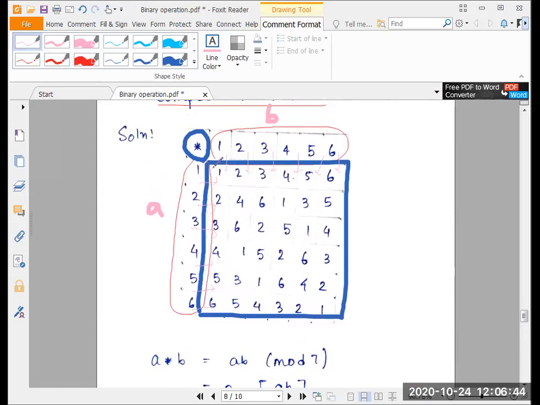In order to see whether a binary operation is commutative or not, you take this corner and essentially create a mirror out of these diagonal boxes. Let me firmly mark these diagonal elements: 1, 4, 2, 2, 4, 1.